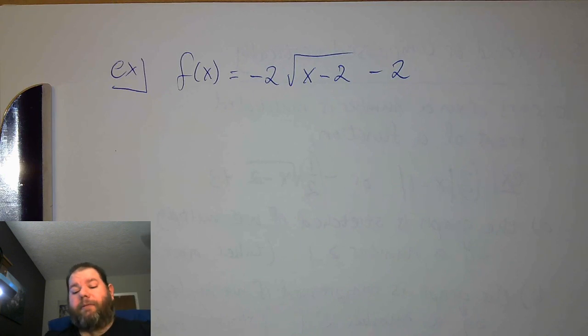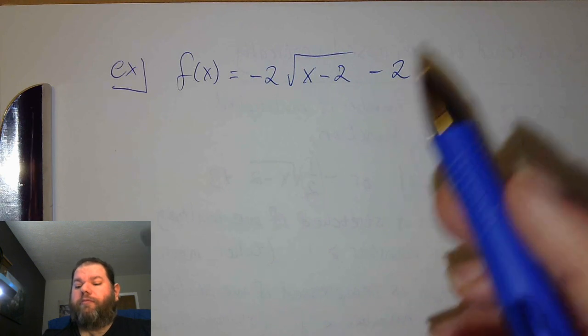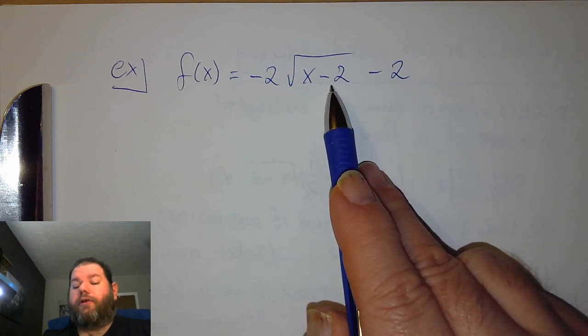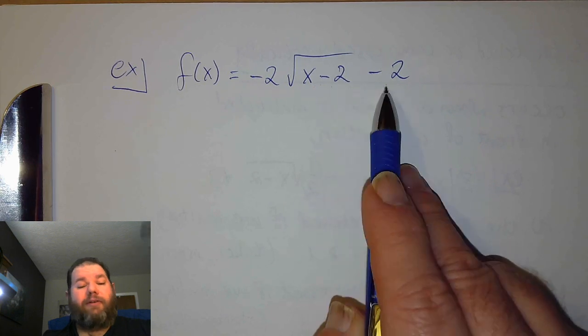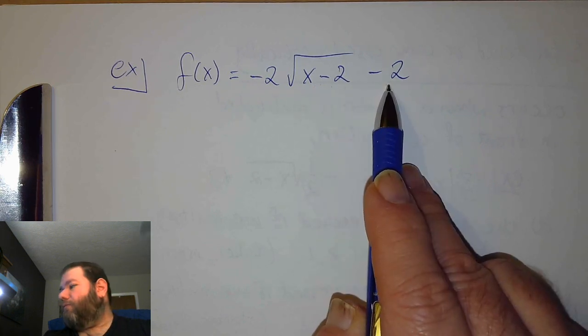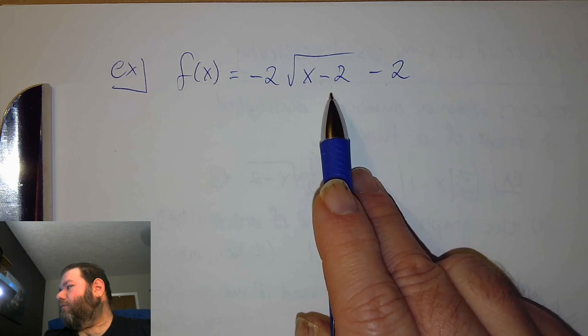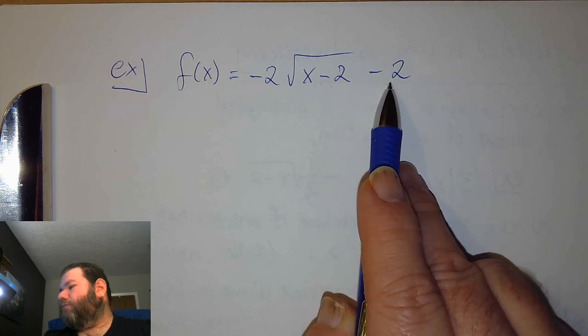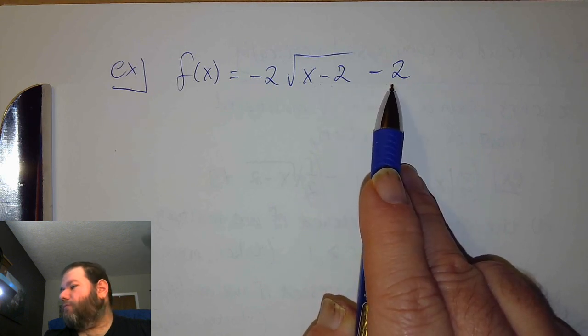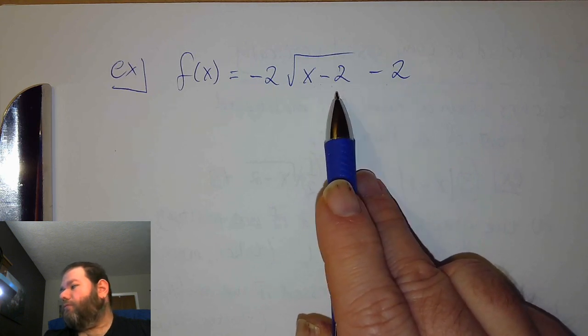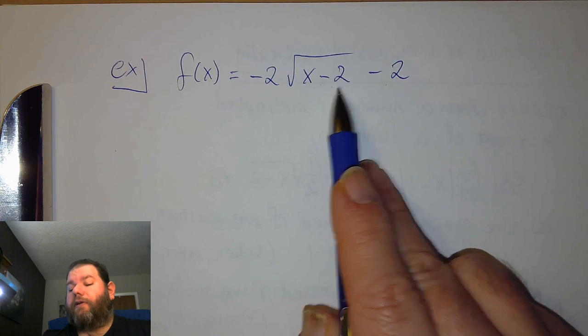Okay, this one would somehow incorporate a lot of extra negative 2's. What do the horizontal and the vertical shifts here do? Which direction is the graph moving based on those 2 things? To the right and down.